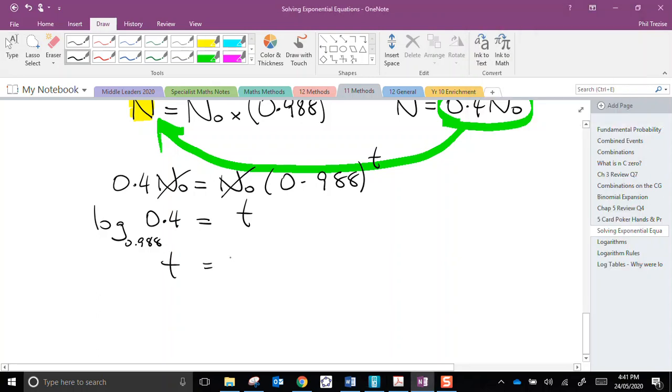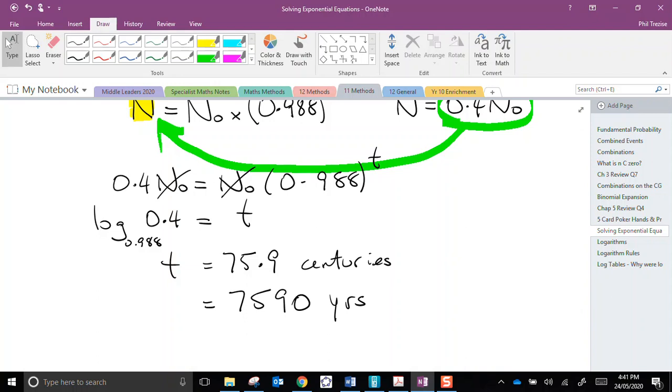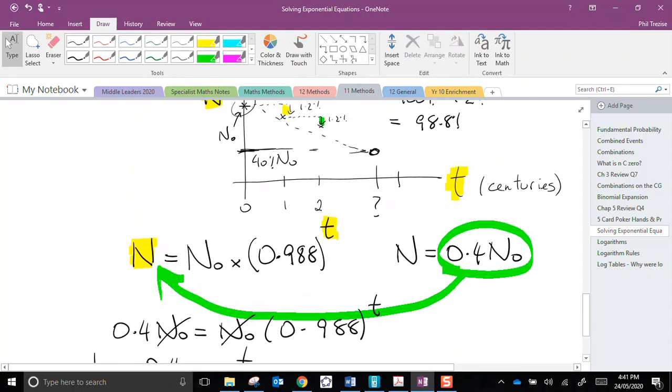T equals 75.9 and the time was centuries. Well, if centuries we multiply by 100 years, it seems like just a bit less than 7,600 years would be the age of this thing.